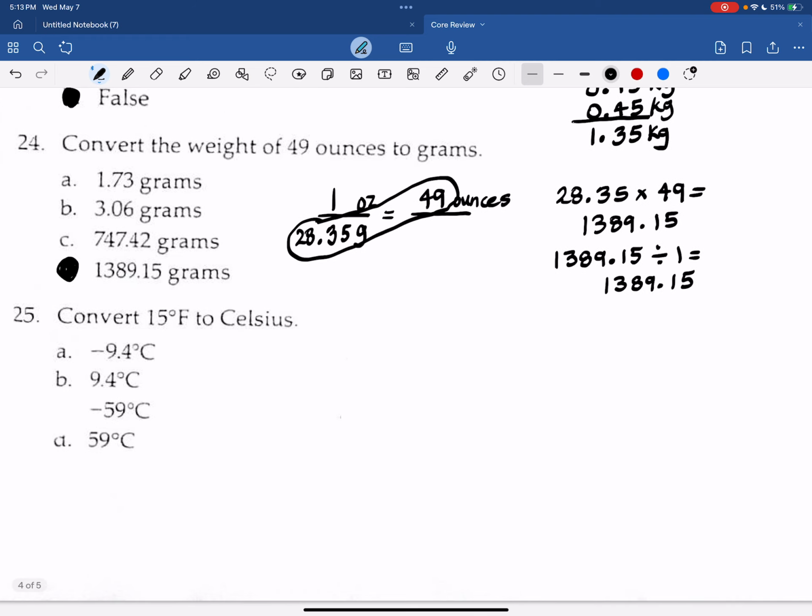All right, number 25 wants us to convert 15 degrees Fahrenheit to Celsius. And I'm going to have to get a formula that will work for that. I know several. They all say the same thing, but they look a little different. So I'm going to use the one from your book. I'm a-looking.